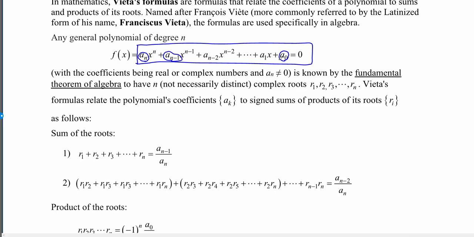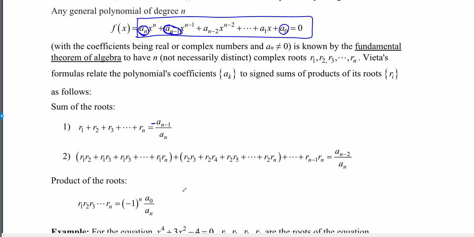Using this one, we're gonna find, okay, a sum of roots first. Sum of roots, any polynomial, any degree, always what is that? Second coefficient over first coefficient and minus, okay? So r1 plus r2 plus and so on always equals minus a(n-1) over a(n). It's okay? Alright. The next one.